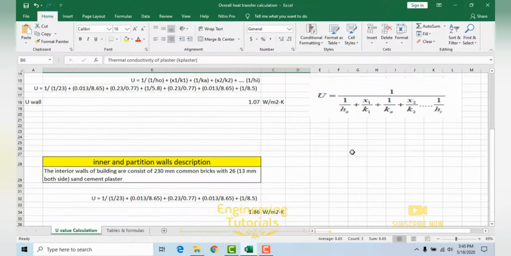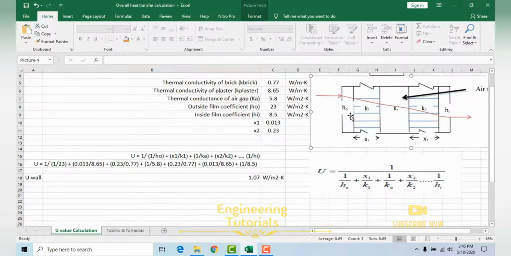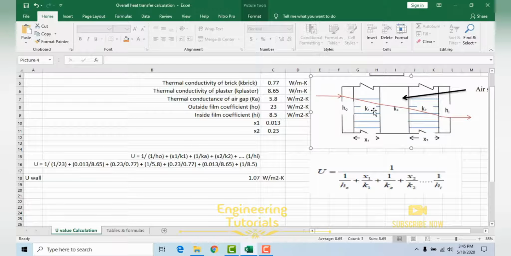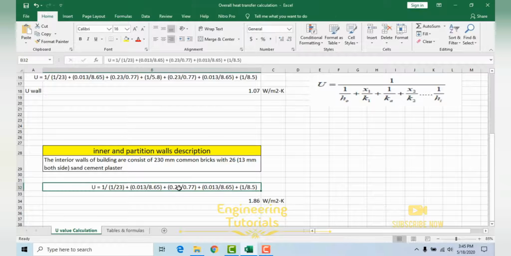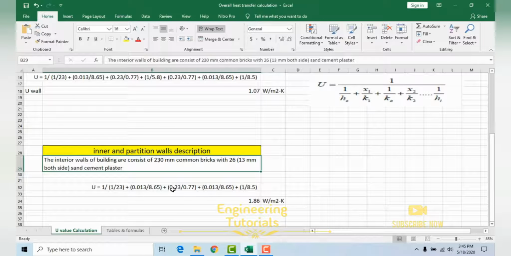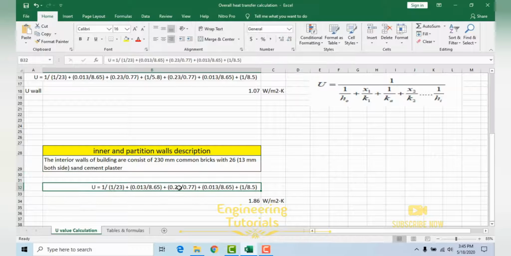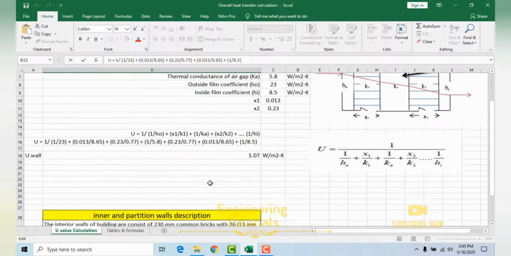So the outside film coefficient is done, the sand, cement, plaster is done, then we have a brick, and then the sand, cement, plaster layer. The brick thickness is 230 mm, just one brick, so 230 divided by 1000, that is 0.23 meter, divided by the thermal conductance of this brick, which is 0.77.